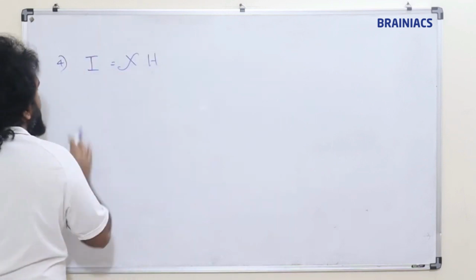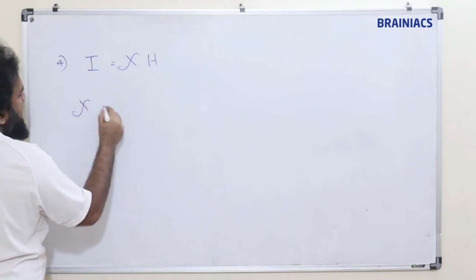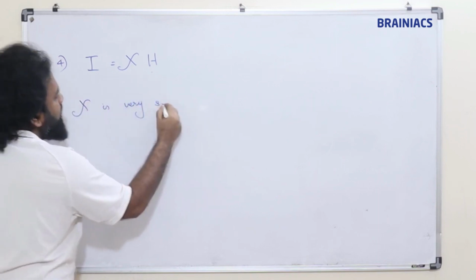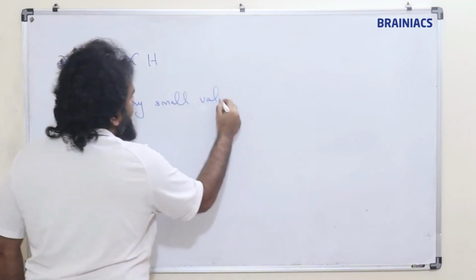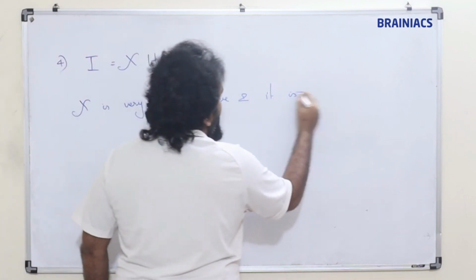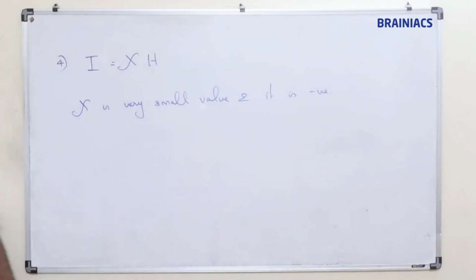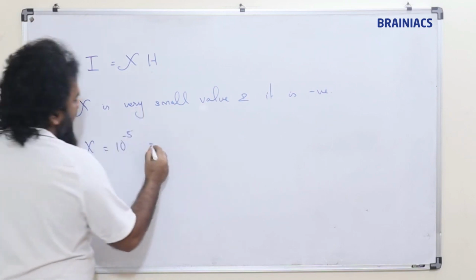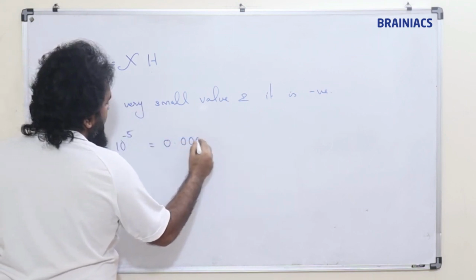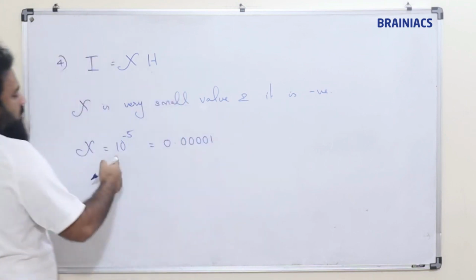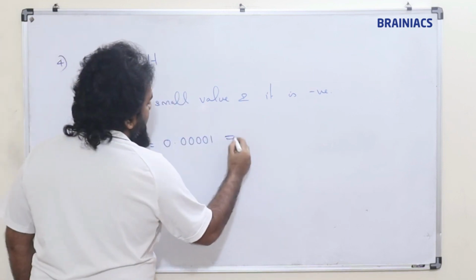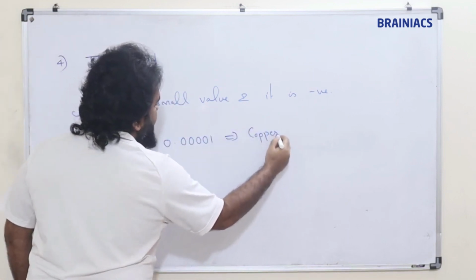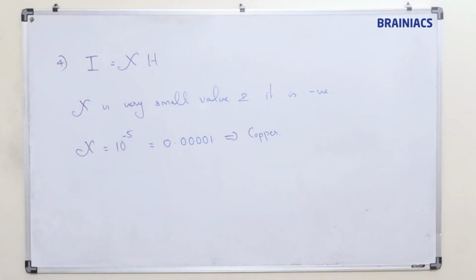So just because of this reason, zeta is very small value, and it is negative. Say for example, zeta is equal to 10 raised to minus 5. So what is this value? Actually 0.00001. This is what zeta equal to 10 raised to minus 5 means. This value is for copper. Copper is an example for diamagnetic material.